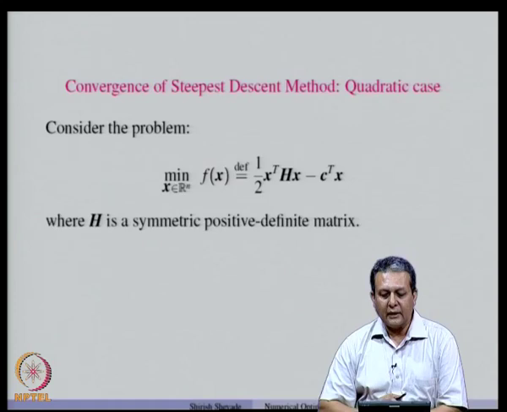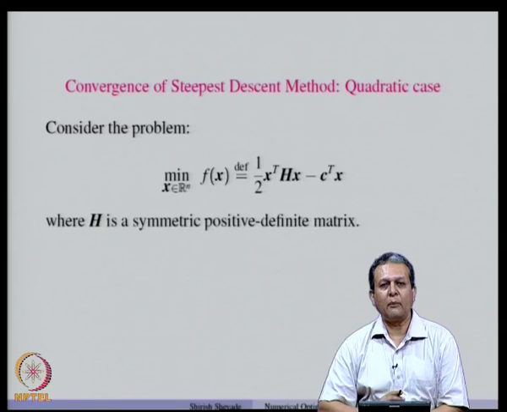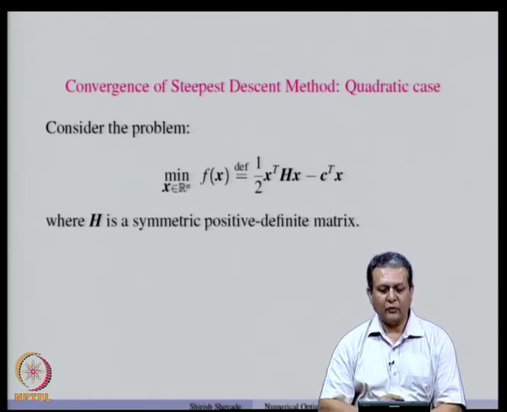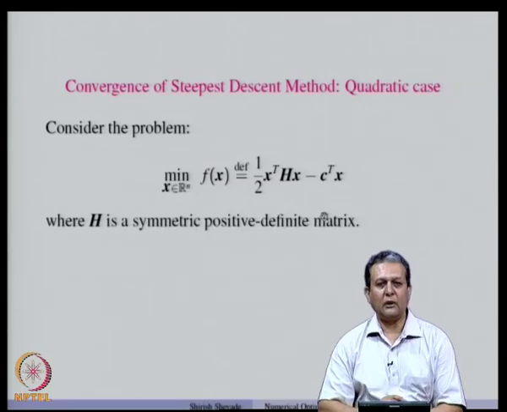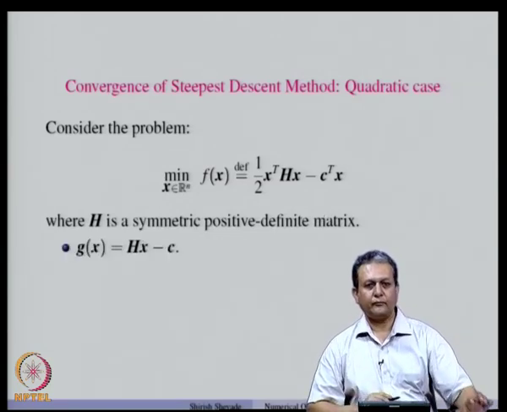The reason for studying quadratic functions is that for many functions, even if they are non-quadratic, near x star or near their minimum, the behavior of the function is like a quadratic function. So, it is important to study the convergence of the steepest descent method for a quadratic case. That is why I have chosen a quadratic function here first.